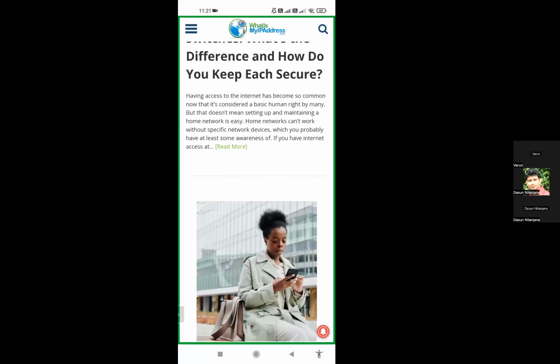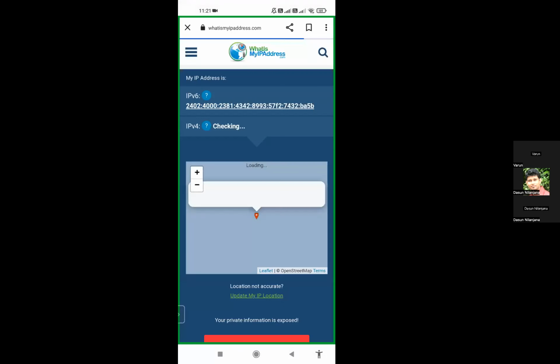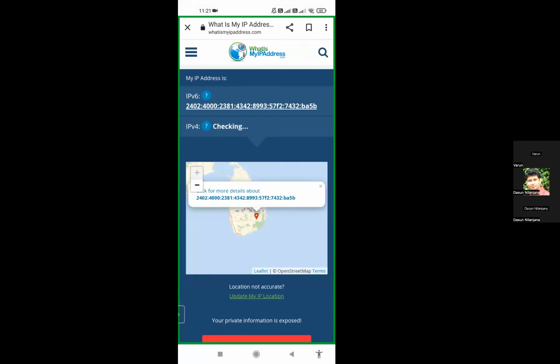Just see this. It is here. Can you see? Is it the same or different? Yes, sir. Different? IP version 4. Different, sir. 175.157.41.242.